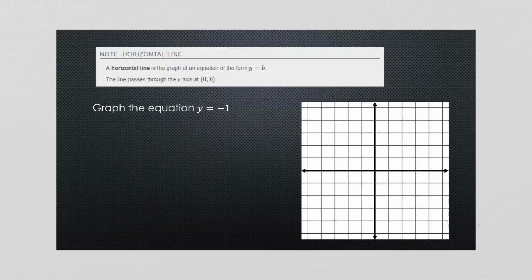Alright, so now this one, it only has a y in the equation. So that means that no matter what, our y is going to be negative 1. No matter what x value you pick, your y value will be negative 1. And I just picked easy numbers.